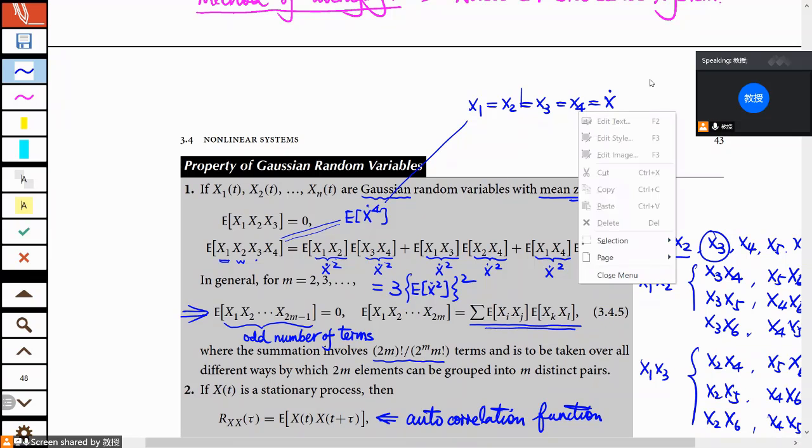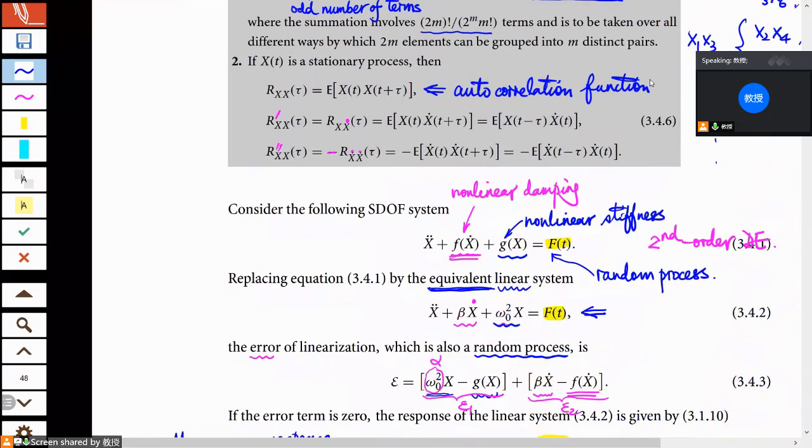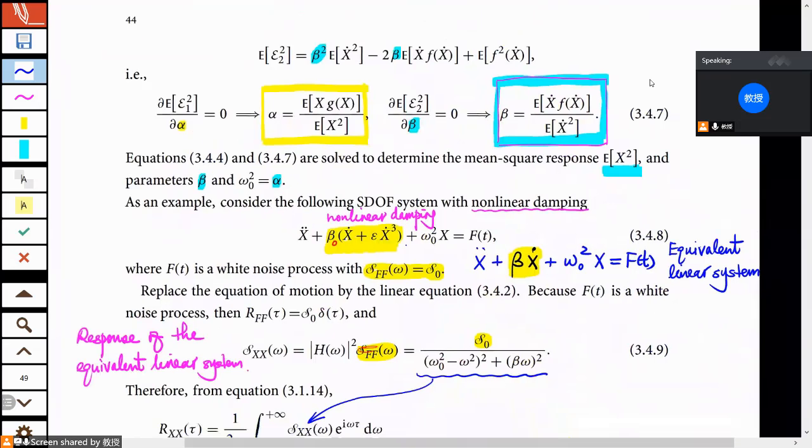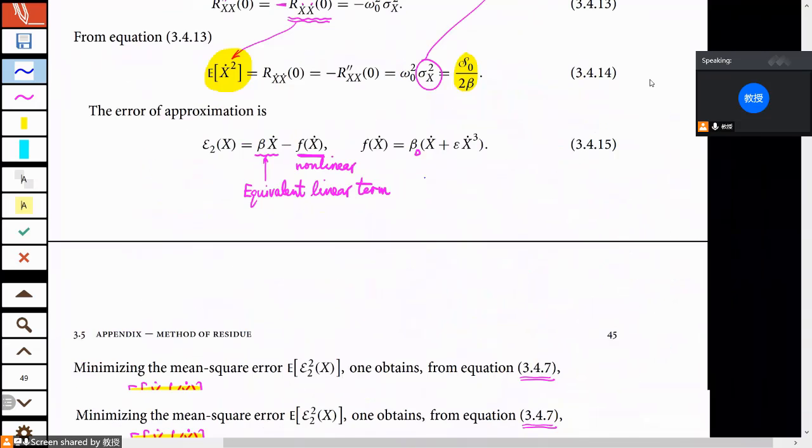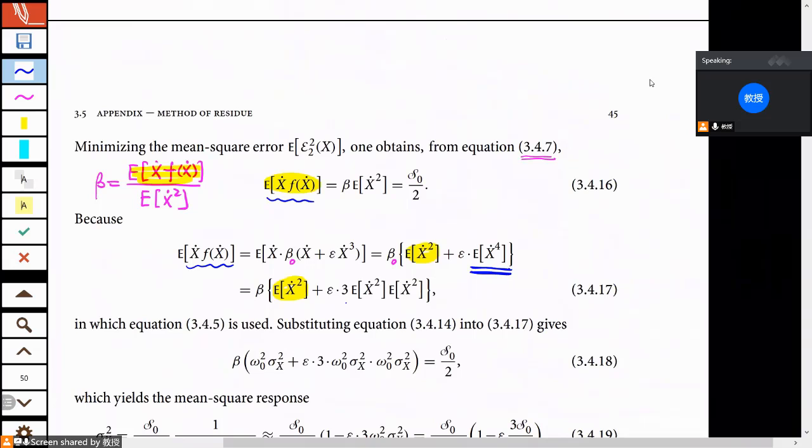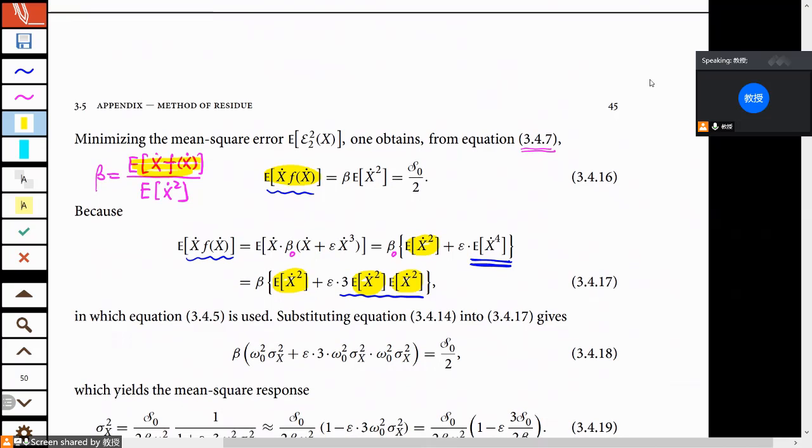So remember this term. That's 3 times E[x dot squared] squared. Each term we have.